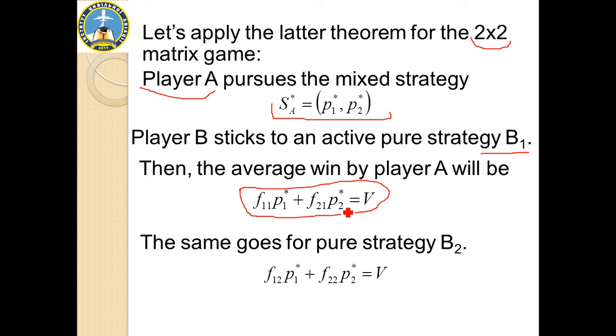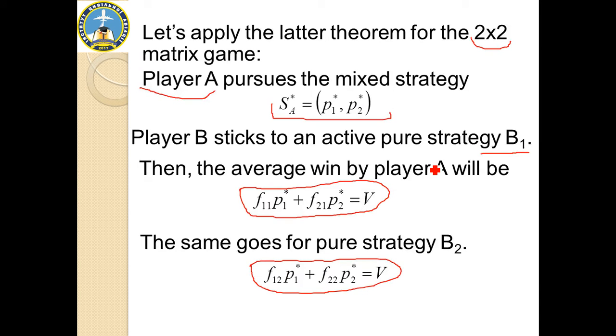So this simplification gives us the set of two equations, because we need to sum the payoffs up for the second row too, because the same goes for this pure strategy B sub 2 as played by player B.